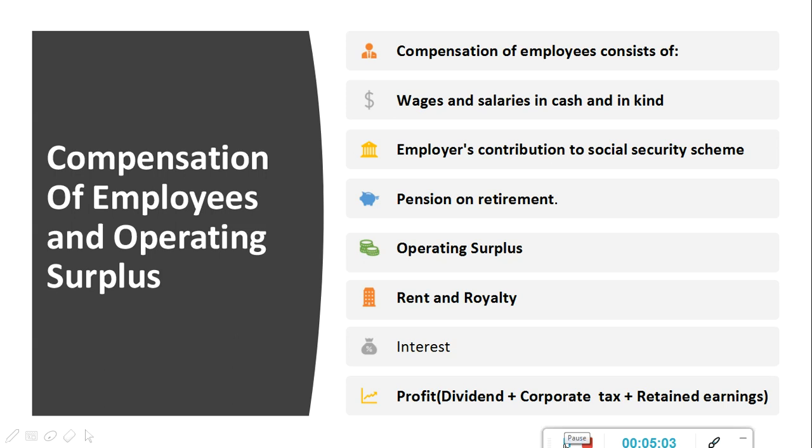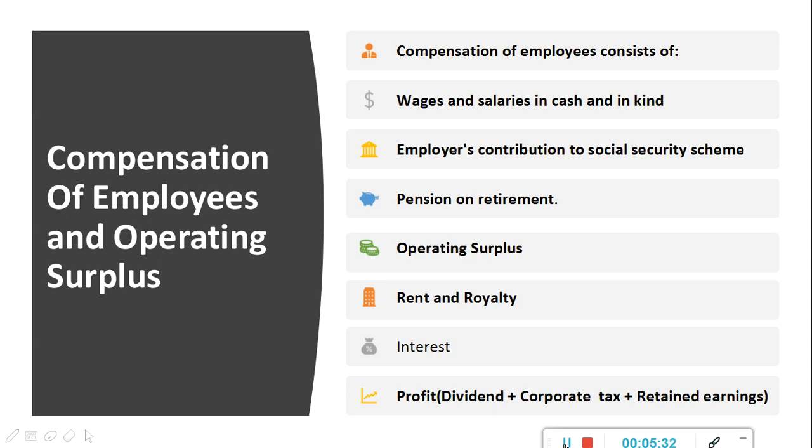Now we will discuss compensation of employees and operating surplus in detail. Compensation of employees consists of wages and salaries in cash and wages and salaries in kind. For example, if an employer is giving rent free accommodation or interest free loans to his employee, it will be considered as compensation of employees.